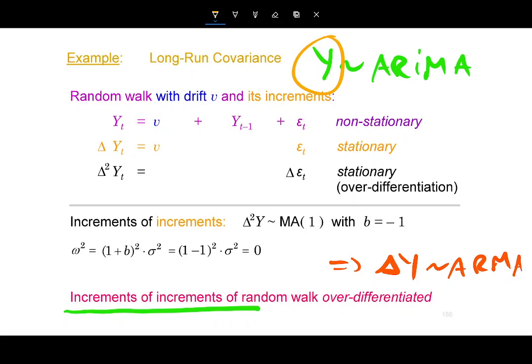So you probably cannot take that out. But if y follows a multidimensional ARIMA model, which would be the case as you described, then it's different: the difference would follow a stationary ARMA model. Then you have over-differentiated processes in there, but it doesn't matter. That's how it would be.